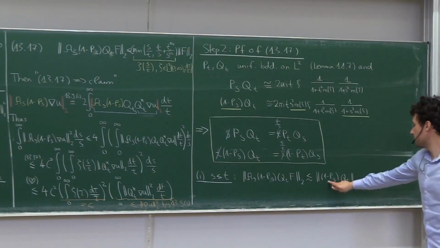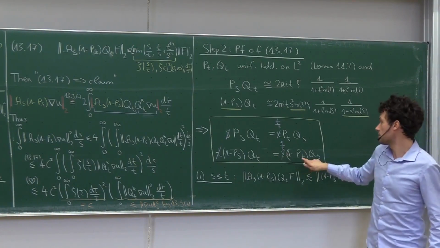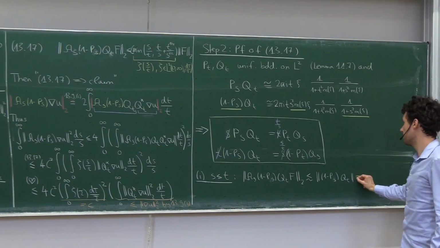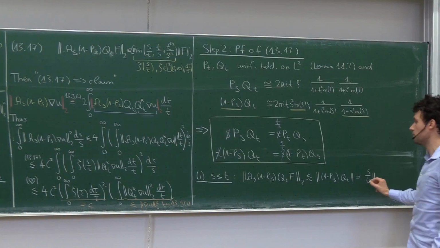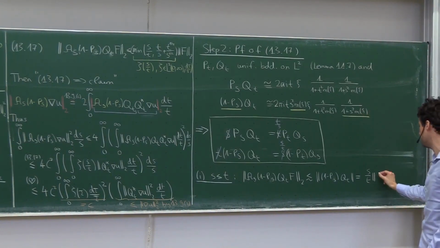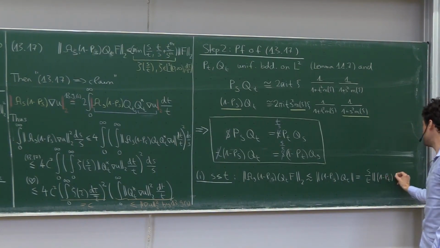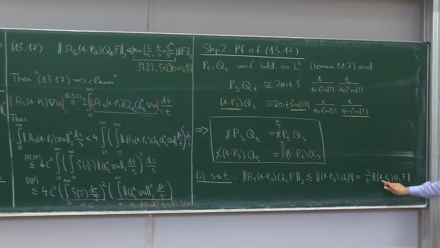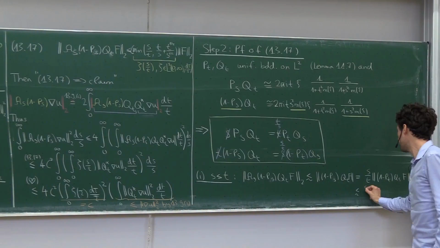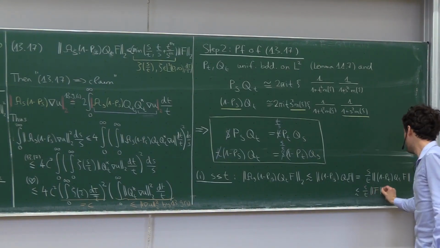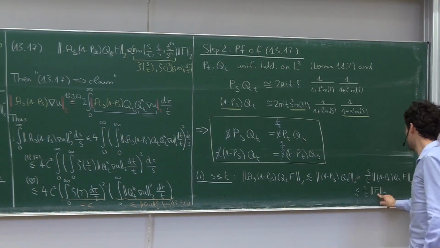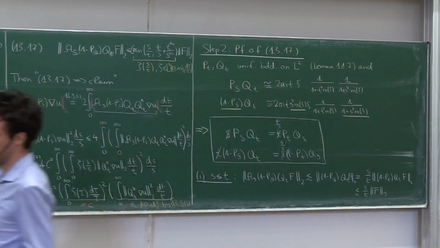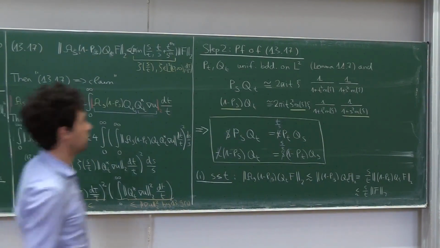Okay, 1 minus PS QT I can change for 1 minus PT QS at the expense of S over T. S over T is good because this is precisely what I want to have. So it gives me 1 minus PT QS applied to F. Well, PT and QS are bounded families of operators, so this is just bounded garbage. So this is bounded by S over T times the norm of F. These are all L2 norms. And this is the good term. This is precisely what I'm claiming over there. So here I can already put the check mark.